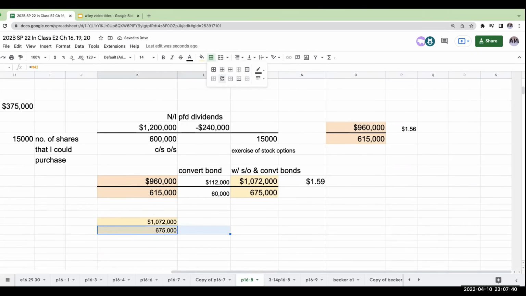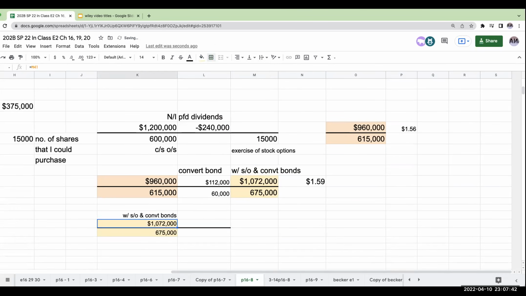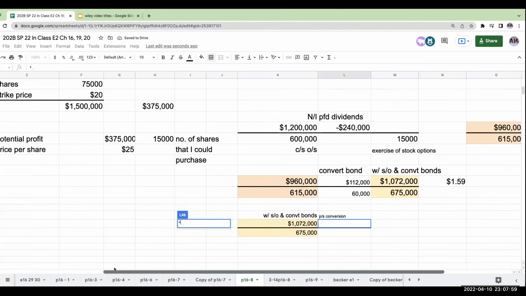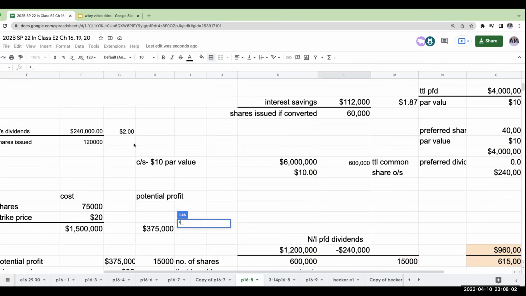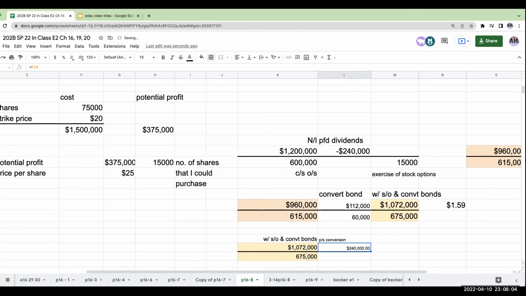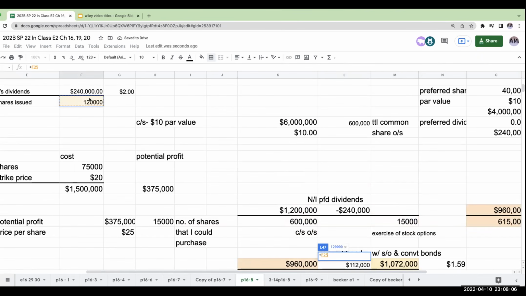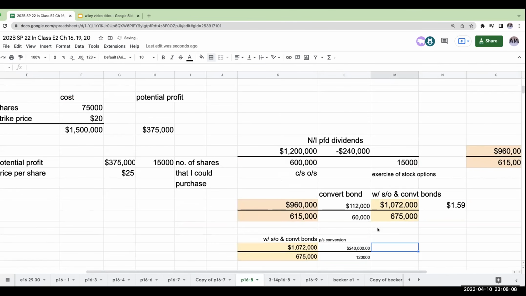And now let's do the really fun part over here. So if I add in the preferred dividends, we'll call it the preferred stock conversion, I'm going to add back 240,000 into the numerator because I'm no longer needing those. I'm basically no longer paying the dividend, and then I'd be issuing 120,000 shares.